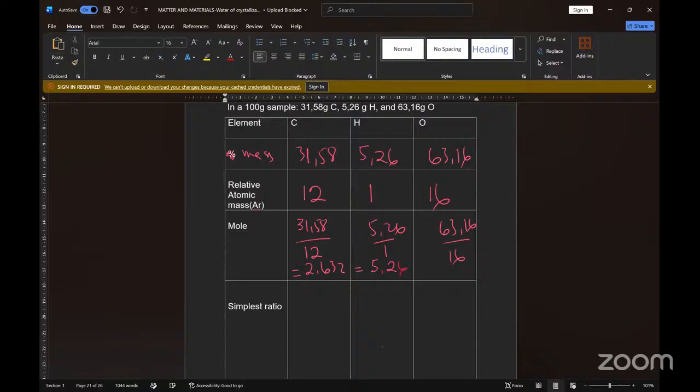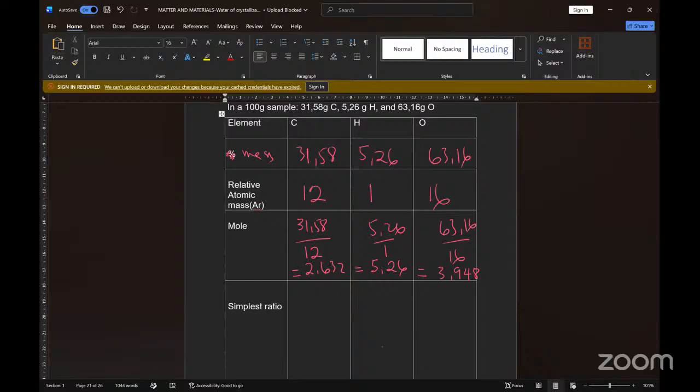So we don't have to waste our time to calculate. Then this one is 63,16 divided by 16. And we are going to have 3,9475. So let's say 3,948, something like that.